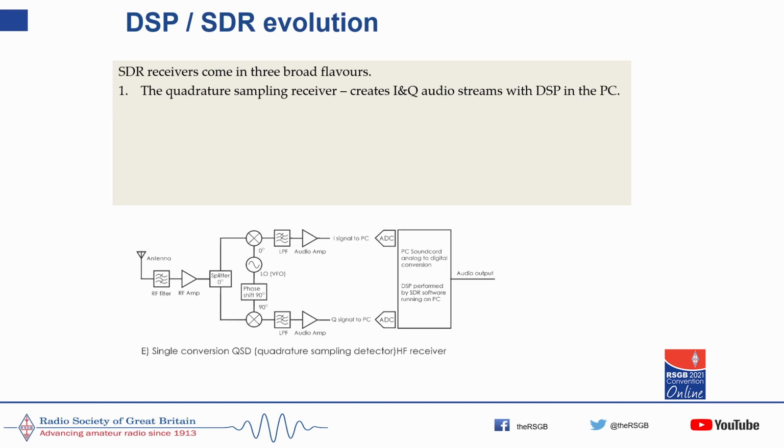So there's three broad classes of software-defined radio receiver. This is the first one that came out. This is basically the Tayloe detector, and it's called a quadrature sampling detector. Let me draw a box.